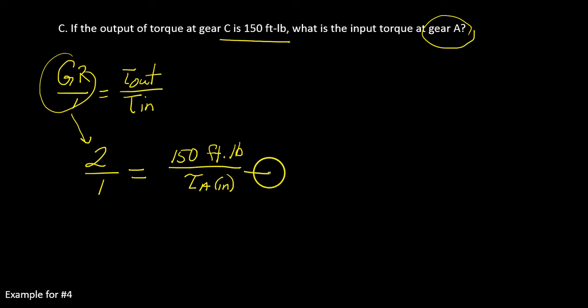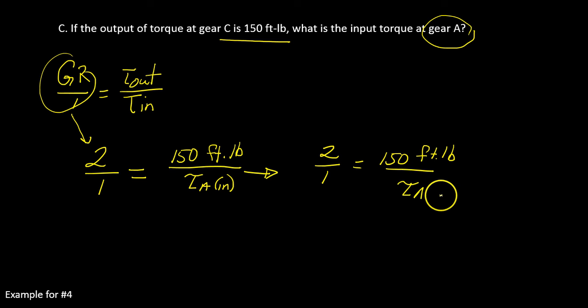again to get it by itself, so we're going to work through the problem. So let's just rewrite the formula. And so we've got 2 over 1, which is our gear ratio, is equal to 150 foot-pounds over torque at A. We don't know what torque at A is. So to start isolating this, we're dividing over here. This is the operation, and we're dividing, so we're going to multiply by torque at A on both sides.